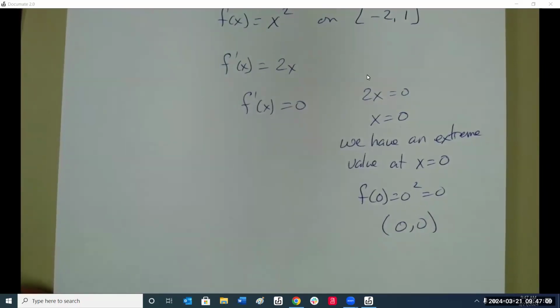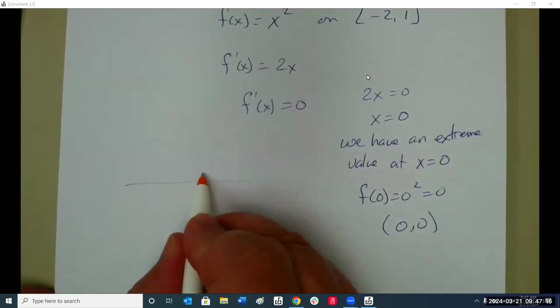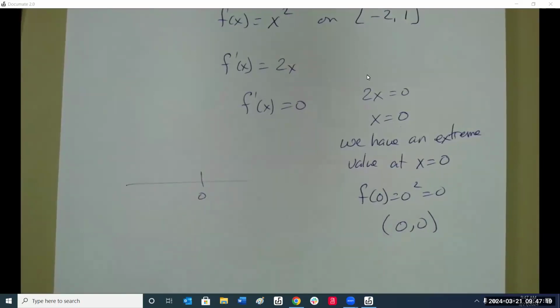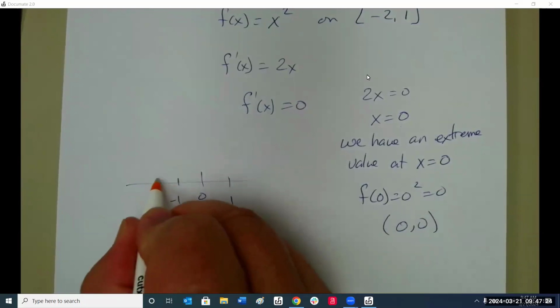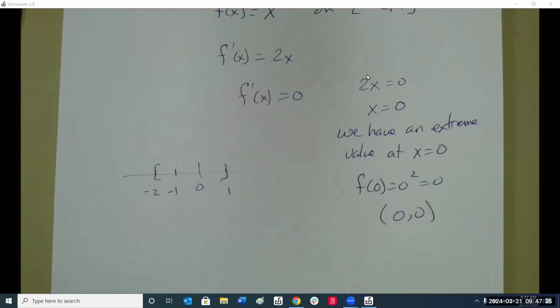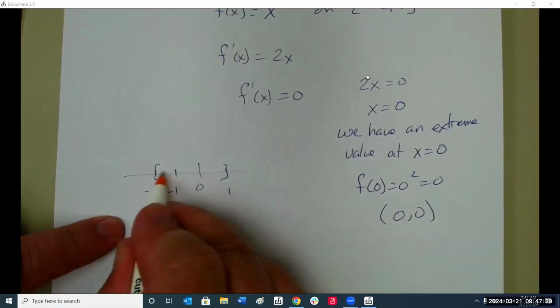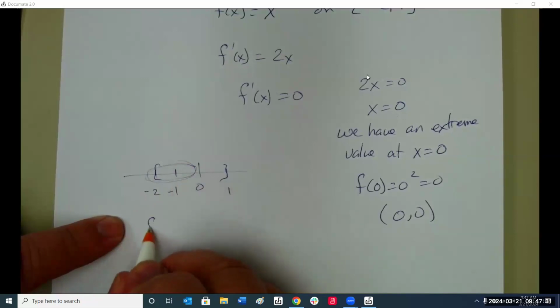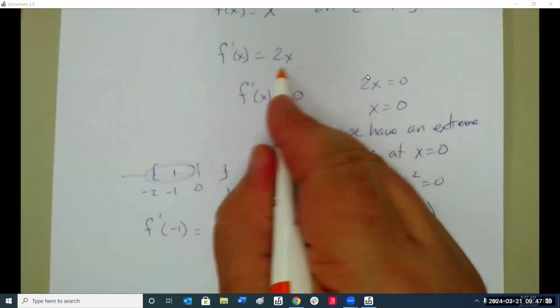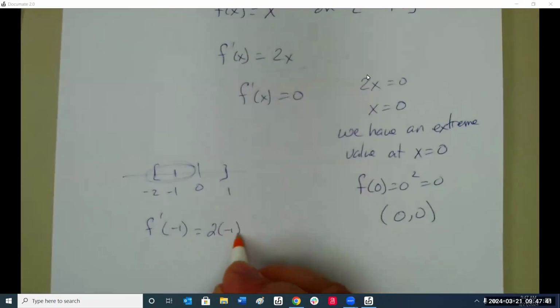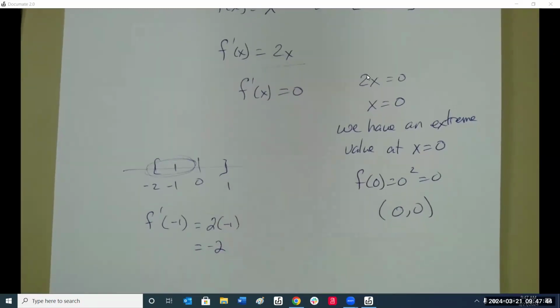Is it a maxima or a minima? Well, we know at 0 we have a maximum or minimum. We have to try the endpoints also. So if we look at a point on this side and plug it in the first derivative, let's try -1. The first derivative was 2x, so 2 times -1 equals -2. What does that tell me about the slope?